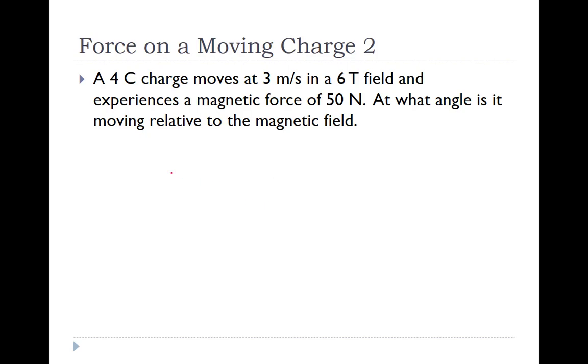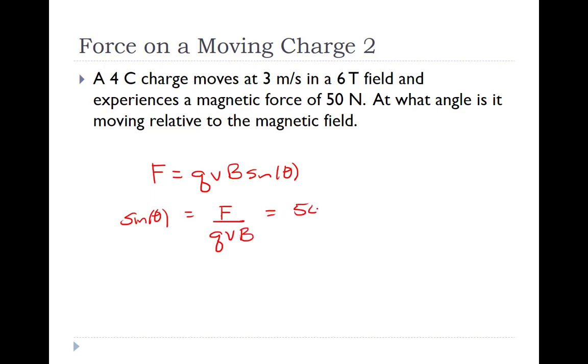For the next example here, we want to calculate the angle. So we bring out F equals QVB sine theta again. I'm going to solve first for sine theta, which will be the force divided by charge times velocity times field.